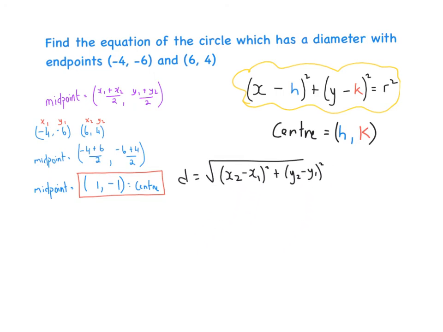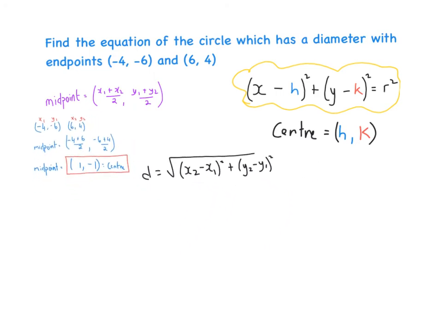Okay, and so we want to fill in, 1 is the distance. Obviously we could get the length of our diameter and half it, otherwise we can just use our center point, which is 1 comma minus 1, and either of the points.